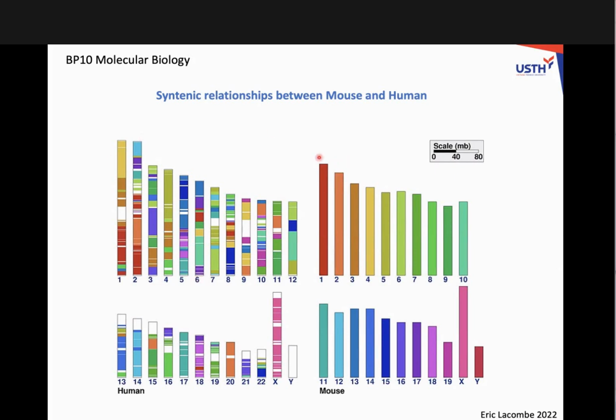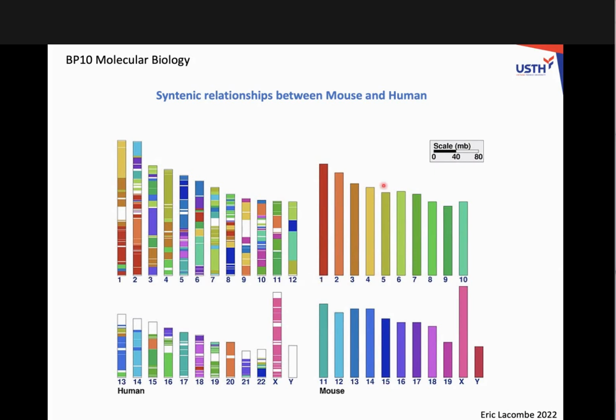So how do you have to read this kind of data? We're going to start, for example, with chromosome 1 in mouse: all the genomic sequence data contained in it will be spotted in the human genome in red. So when you see a red piece of sequence in one particular chromosome in human, it means that this sequence is coming from chromosome 1 of mice, chromosome 1 only.